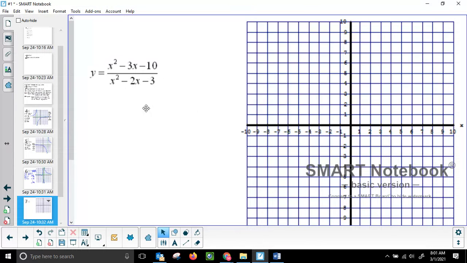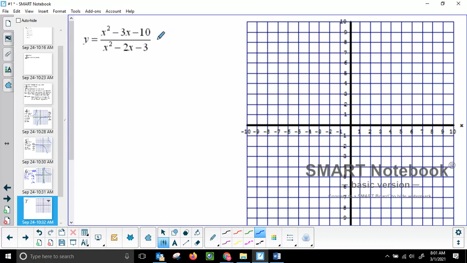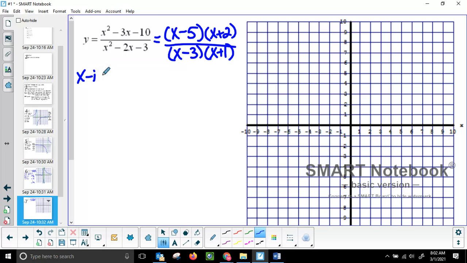All right, so getting back to our problem here, we just go through all of the same steps as normal. We are going to want to factor here. So here we'll have x minus 5 and x plus 2. Down below, we'll have x minus 3 and x plus 1. For x-intercepts, we set the top equal to 0 and solve, so we will have 5 and negative 2.